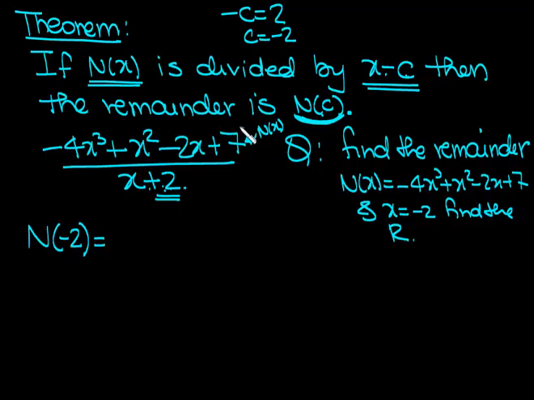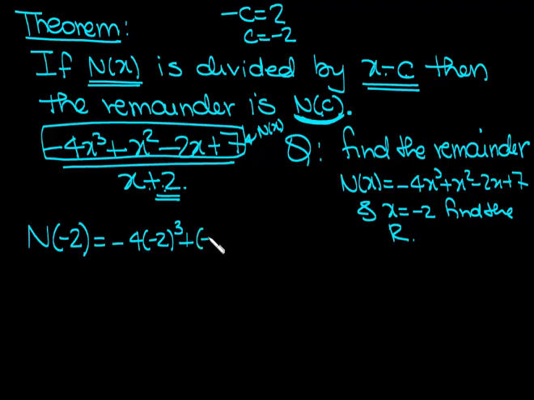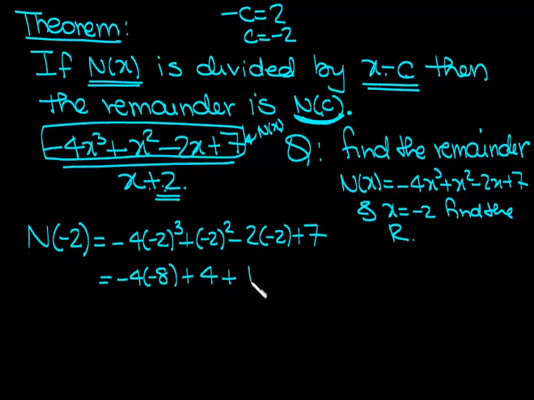So in this polynomial n that I have in my numerator, I want to replace all the x's with negative 2. So we get negative 4 times negative 2 cubed plus negative 2 squared minus 2 times negative 2 plus 7. So I end up with negative 4 times negative 8 plus 4 plus 4 plus 7.